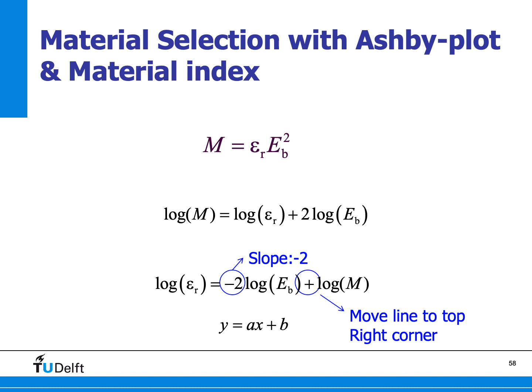Now maybe it's good to have one more look at our material index and what we arrive at when we take the logarithm on both sides of this equation. So on one side we have the logarithm of the material index, and then we have the logarithm of the dielectric constant, and we have 2 times the logarithm of the electric field at breakdown.